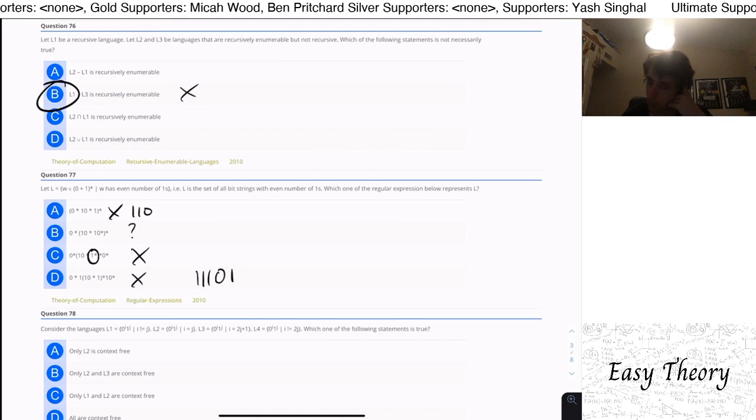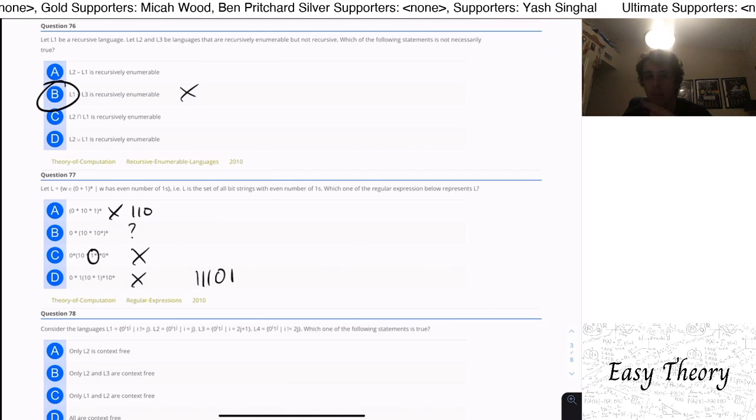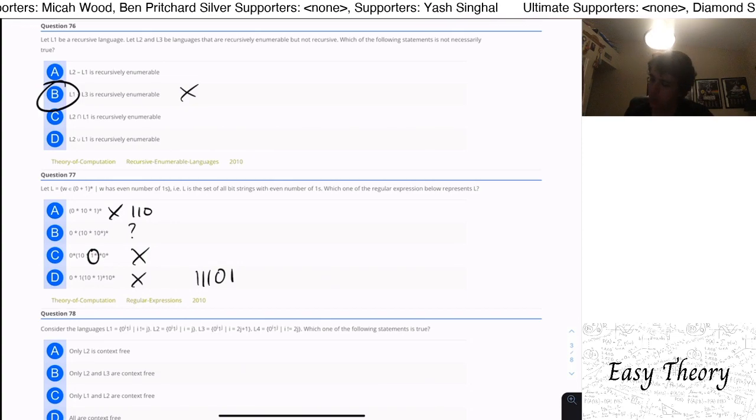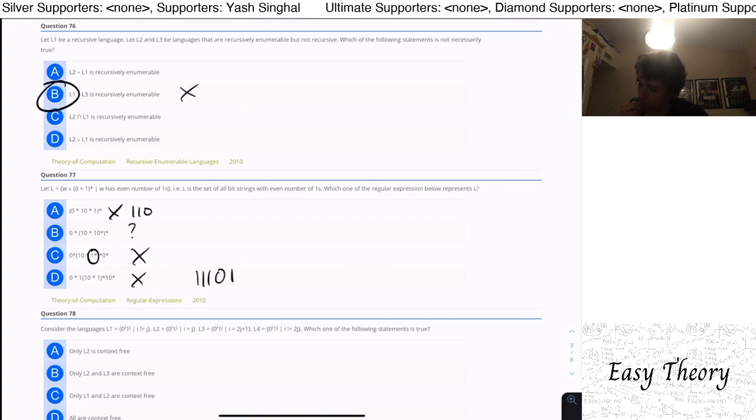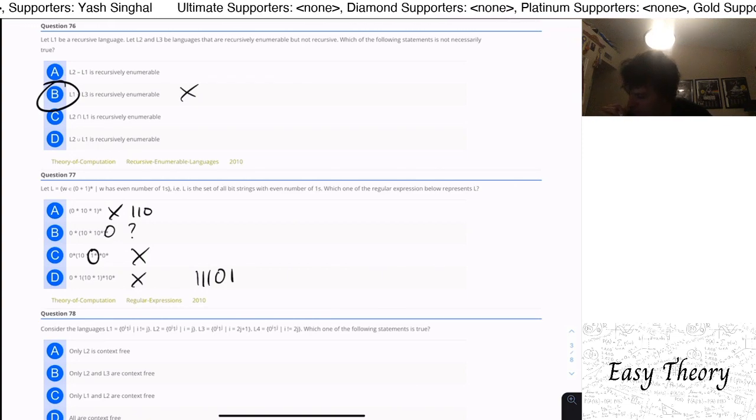So B has to work, but why does it work? Yeah, because this star allows us to go back around. And we can start with the string with a 1 and end with something other than a 1. Yeah, so B would work here.